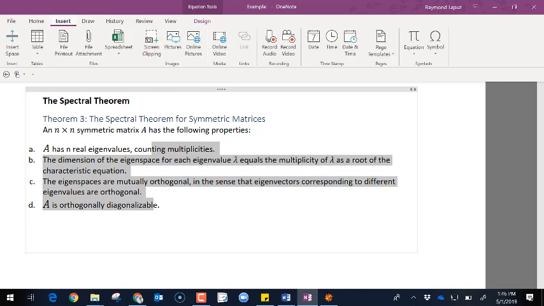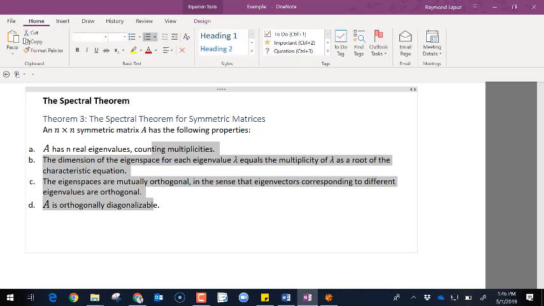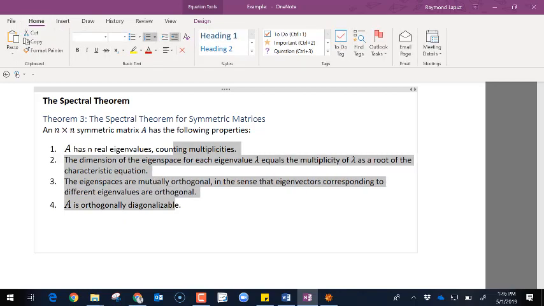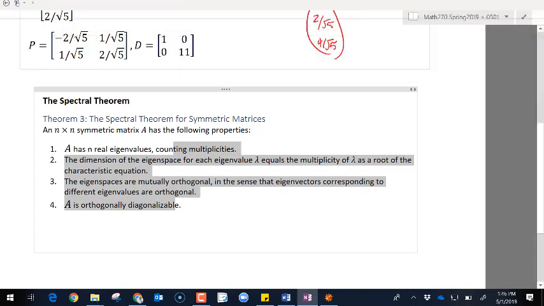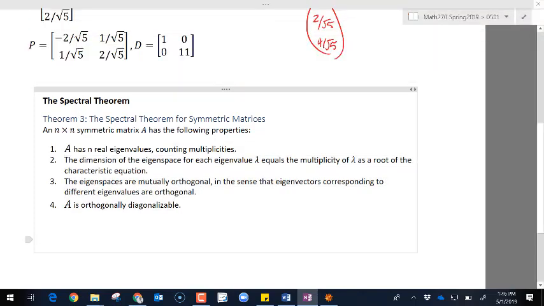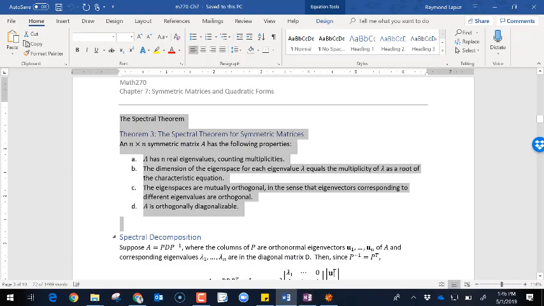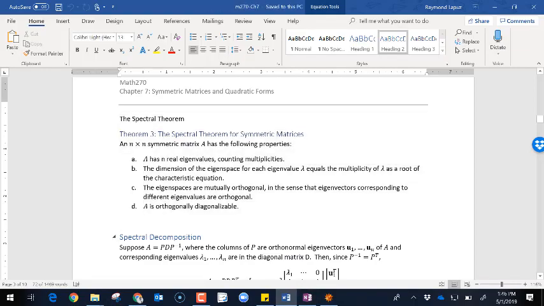It's what? Self. So the eigenvalues are essentially special numbers that describe the matrix, and the spectral theorem displays that. So what is a spectral theorem, or spectral decomposition?